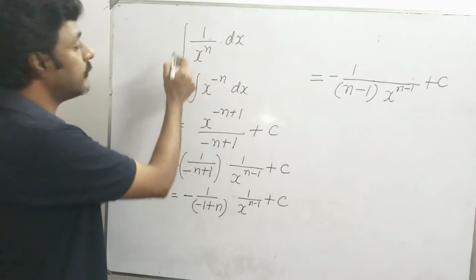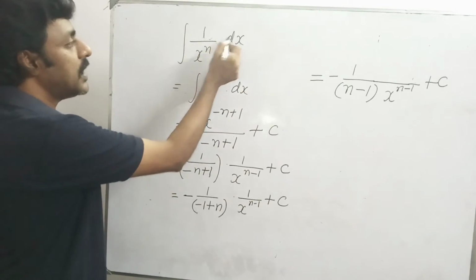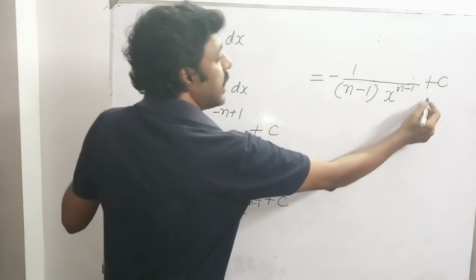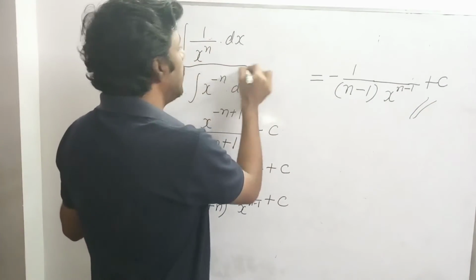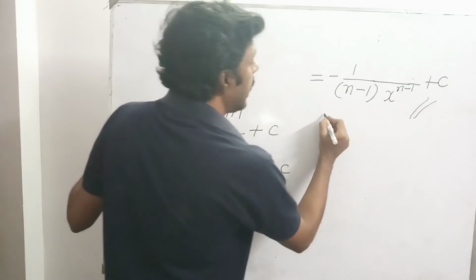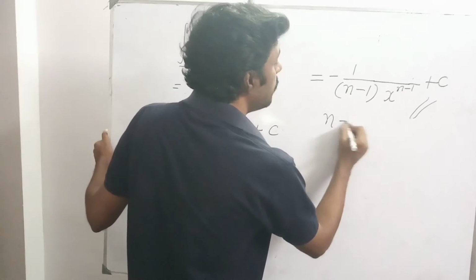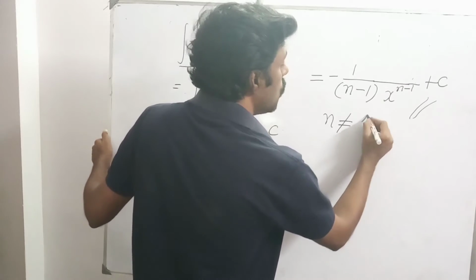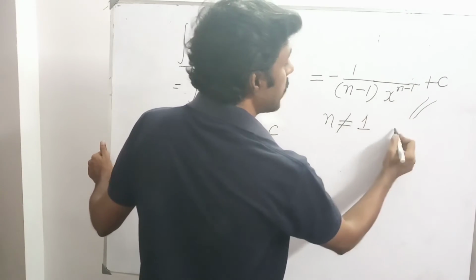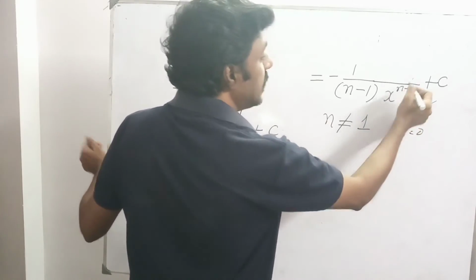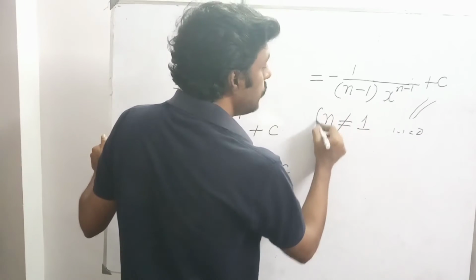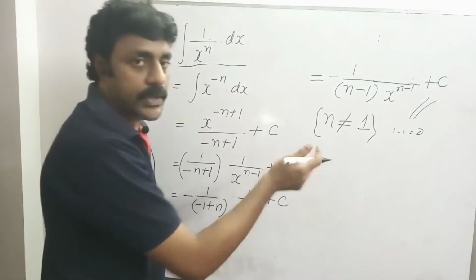So this is the integral value of integral 1 by x power n into dx. So we have obtained an important result for this integral quantity, provided n should not be equal to 1, because if n is equal to 1 means 1 minus 1 will be 0, so x will take the power of 0. So n should not take the value 1, it can take any value other than 1.